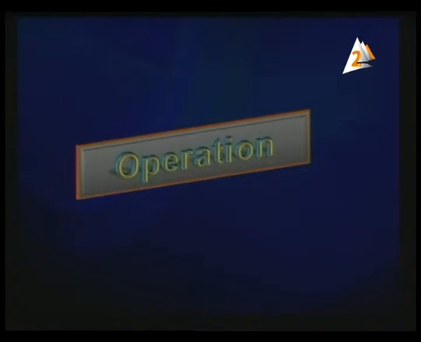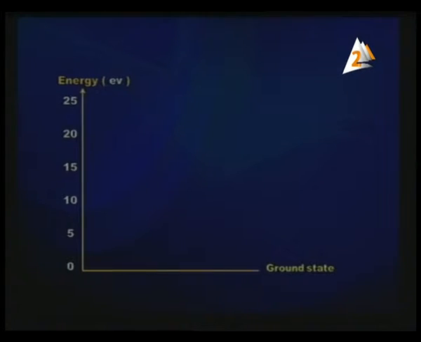And now talking about operation. In front of you, we've got a diagram, two axes here. The Y-axis, the ordinate, is for energy in electron volts. It could be 0, 5, 10, 15, 20, 25 electron volts. And we've got energy levels.